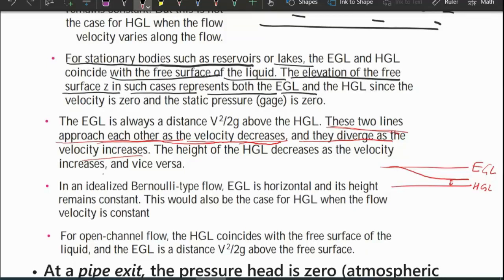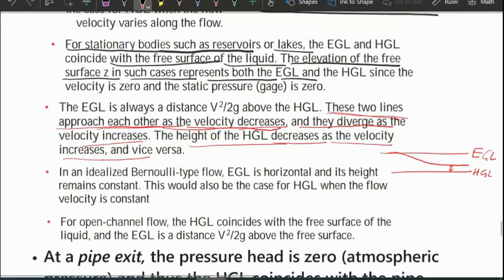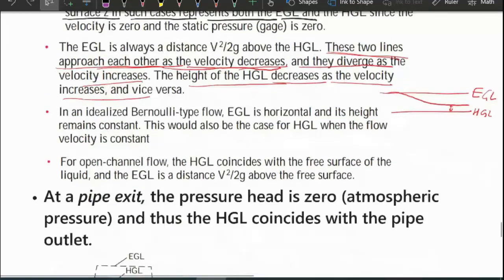If you increase the velocity, these two lines will diverge, and if you make the velocity smaller, these two lines will converge. The height of HGL decreases as the velocity increases and vice versa. So this we explained. In an idealized Bernoulli type flow, EGL is horizontal and its height remains constant. This would also be the case for HGL when the flow velocity is constant.